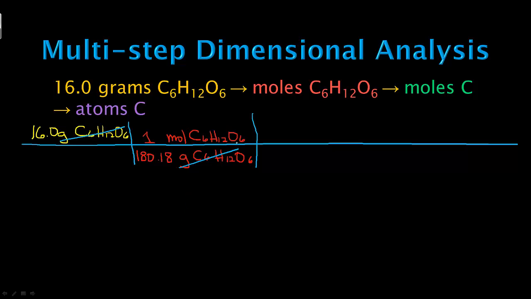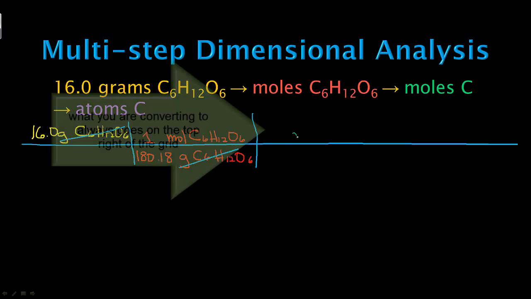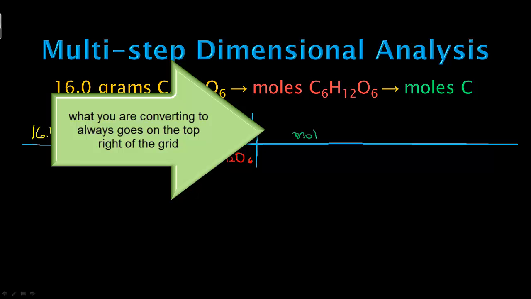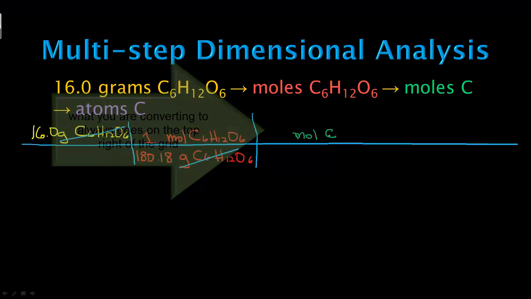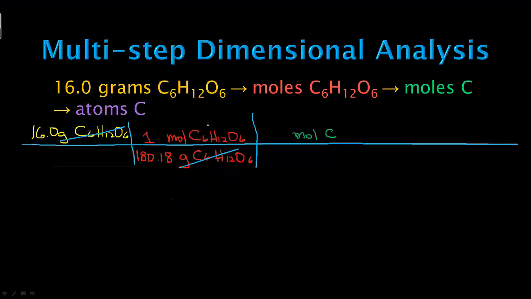We have now converted to moles of glucose, and we now need to go to moles of carbon. So I'm going to put moles of carbon up at the top. We need to get rid of this moles of glucose, so I'm going to put it on the bottom. Now we have to ask ourselves, how many moles of carbon are in moles of glucose?